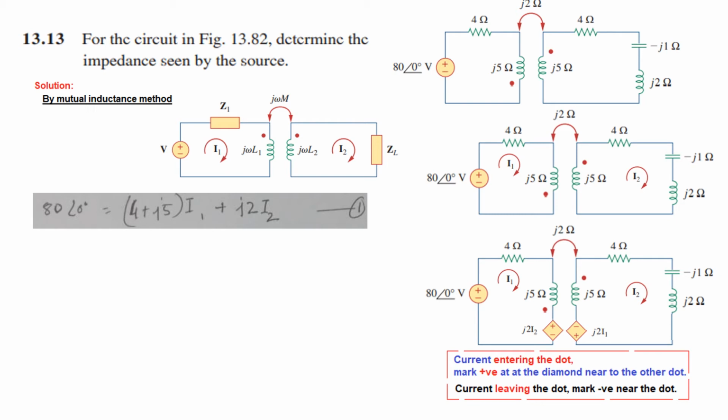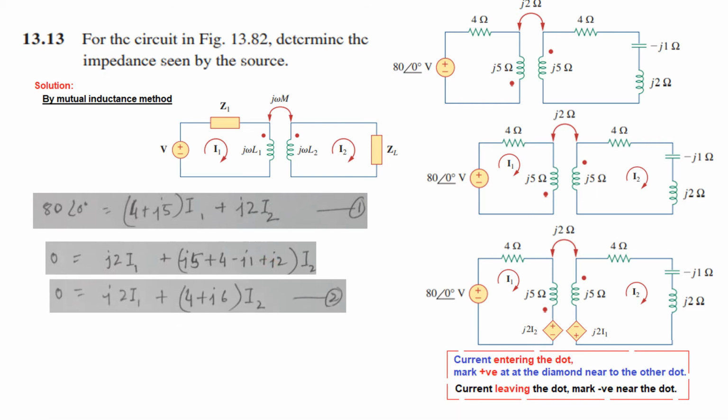We can start from here, so positive j2 I1 plus, now I2 is passing through all these, so (j5 plus 4 minus j1 plus j2), they will all be multiplied by I2 to get the voltage. This is the second equation, and we can simplify this.